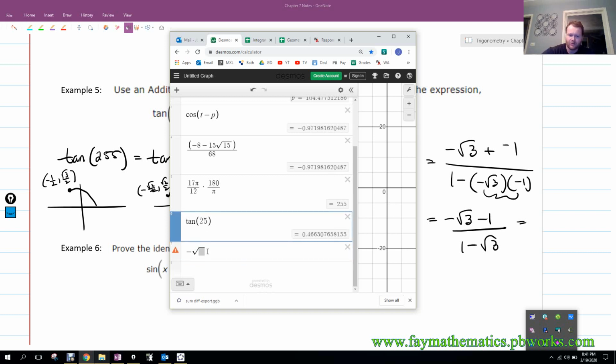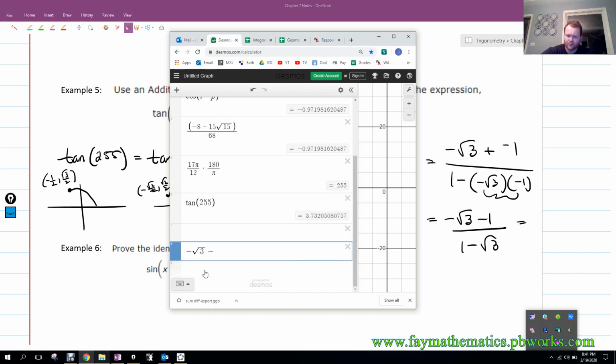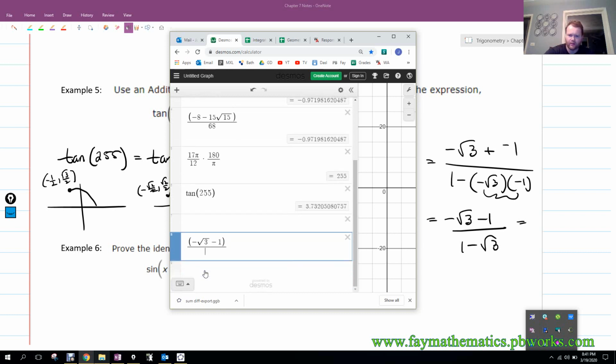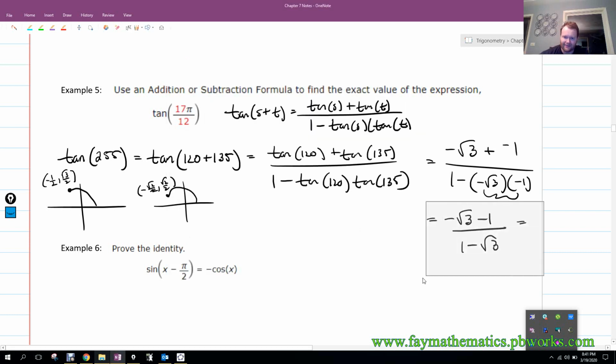So I get that. Does that match up to negative square root of 3 minus 1 all over 1 minus the square root of 3? You see that those two decimals are the same. So this is the exact value of tangent of 17 pi over 12.